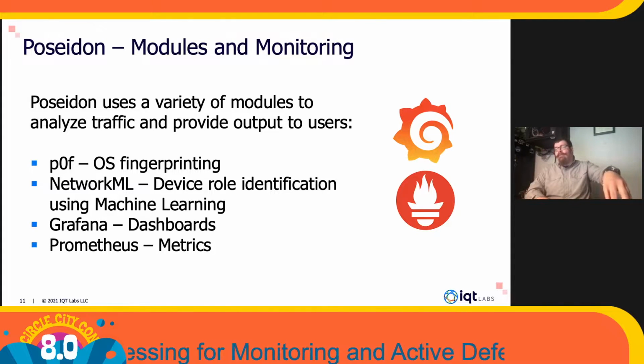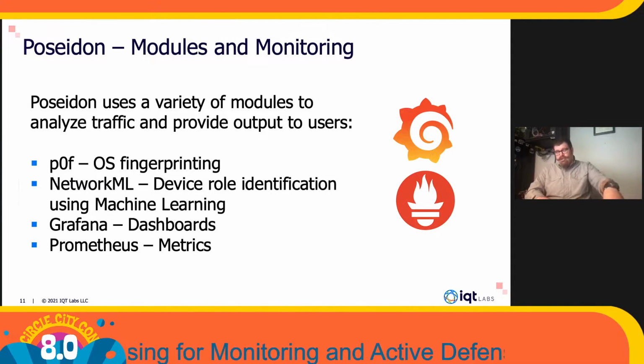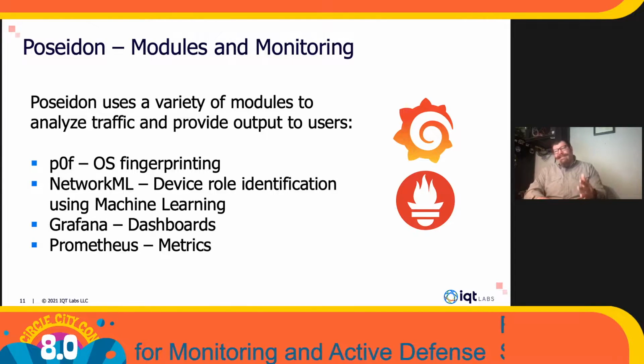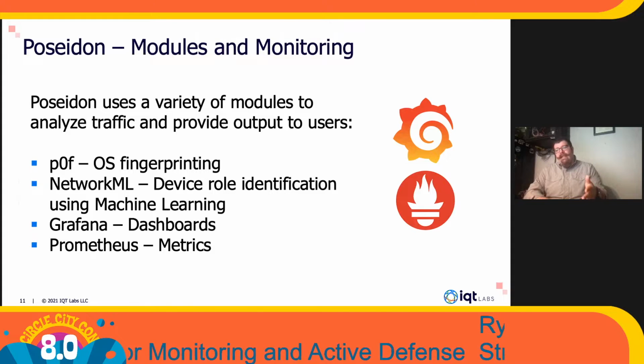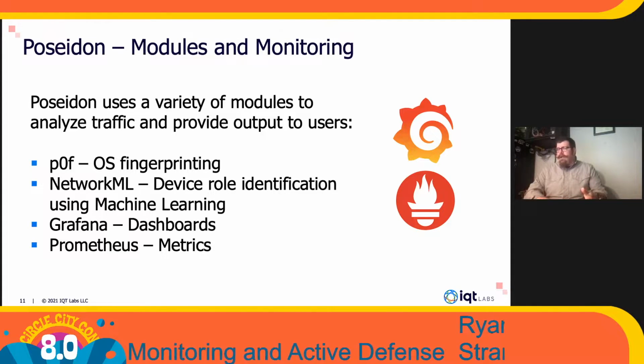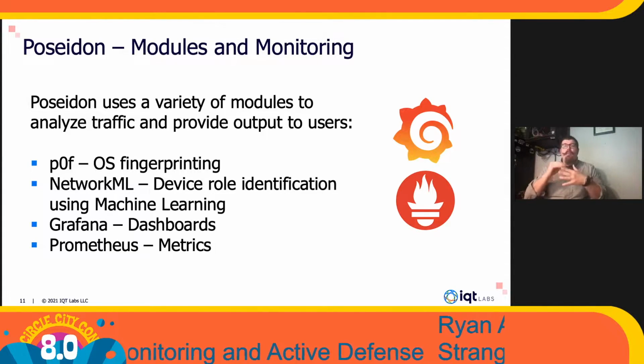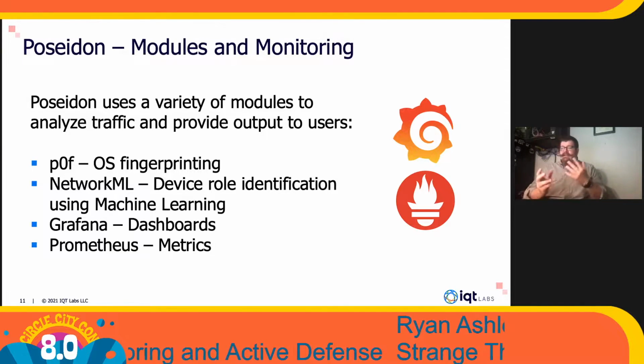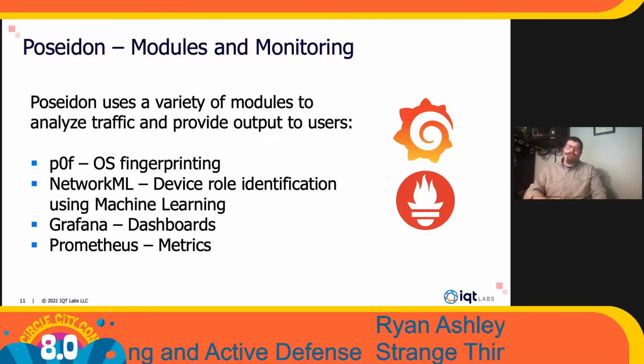And last week, it was behaving like a business user's workstation. And yesterday, it was behaving like a business user's workstation. But today, for some reason, it's starting to act like an FTP server. You might want to go investigate what prompted that change in behavior. Is that something that needs to be investigated? Is that something that you need to look into?